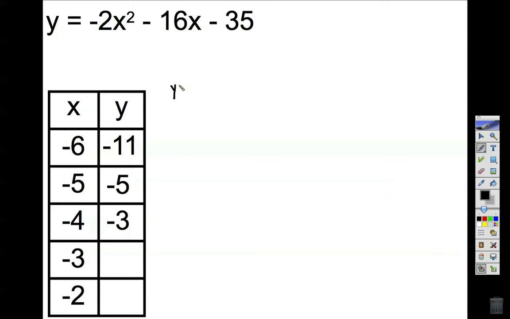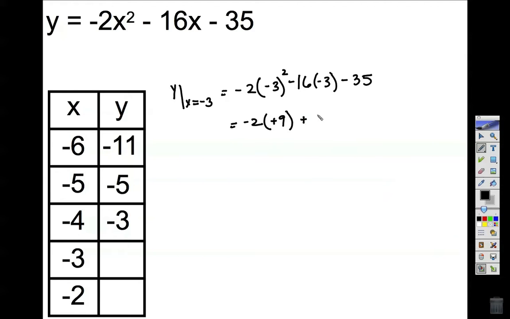What is y equal to when x is -3? It's -2 times -3 squared minus 16 times -3 minus 35. And that's -2 times positive 9 plus 48 minus 35. When you do that in the calculator, that is equal to -5.